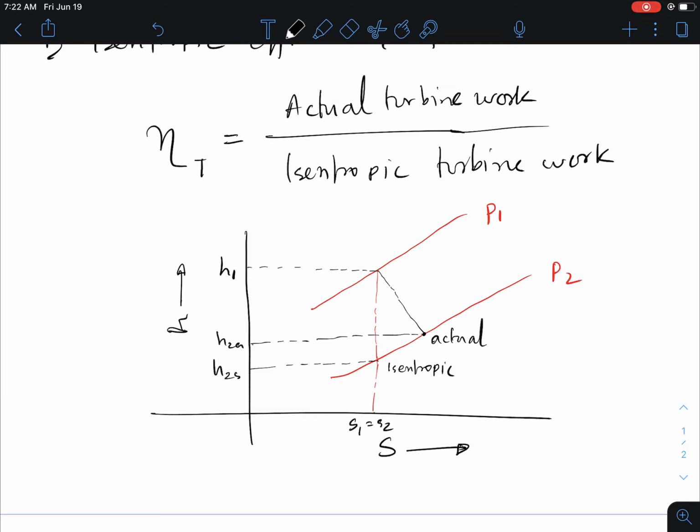The actual turbine work is nothing but this height, from this point to this point. If we express that height by Wa, the actual work, then the isentropic work would be Ws, which is this height.